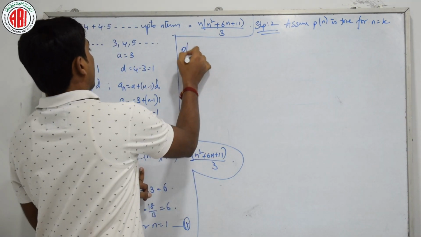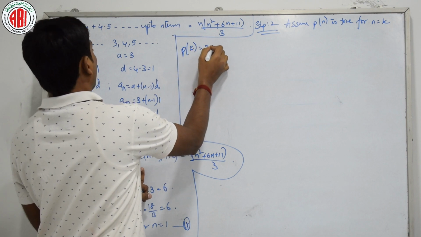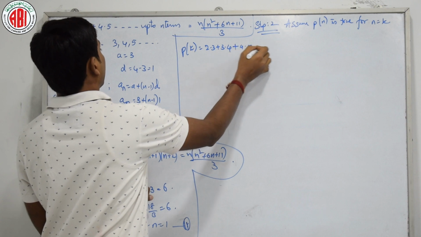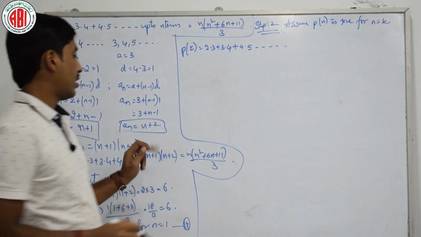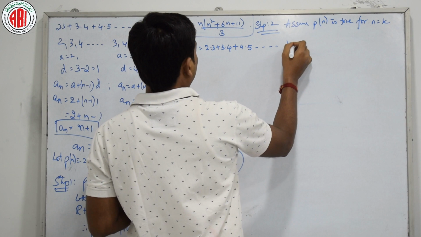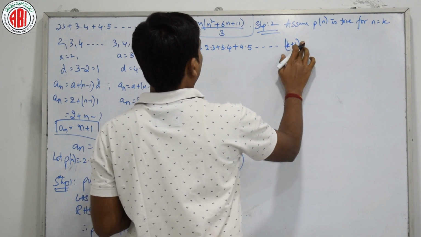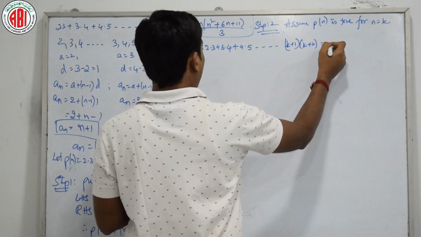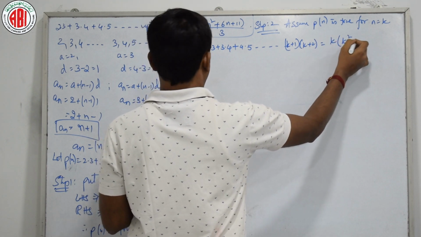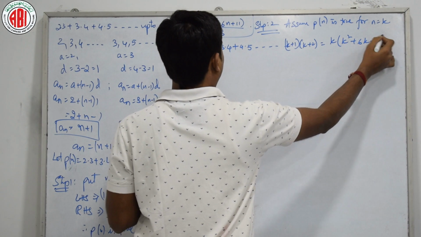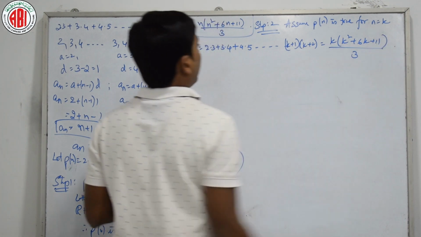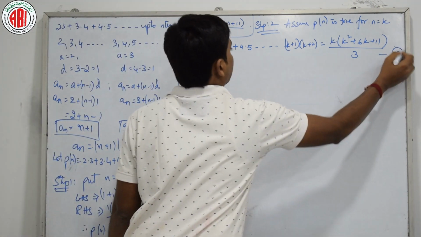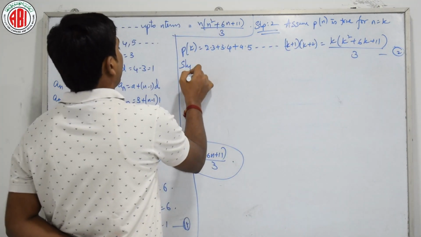That is, P of k is equal to 2 into 3 plus 3 into 4 plus 4 into 5 and so on up to (k plus 1) into (k plus 2), that is equal to k into (k square plus 6k plus 11) divided by 3. Okay. What is the next step now? First of all, let us take this as statement 2. What is the next step?